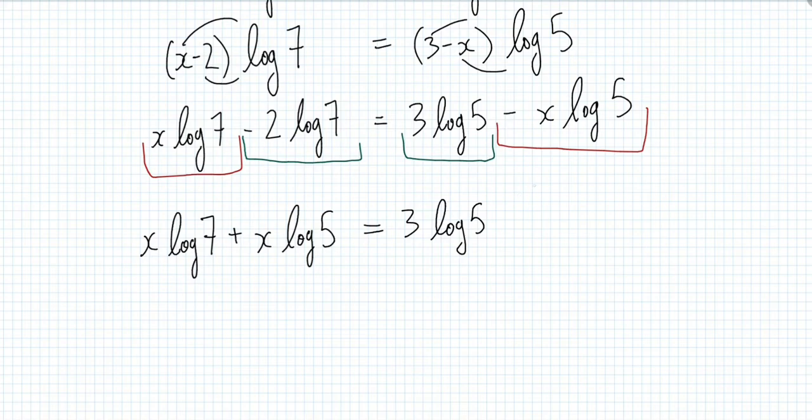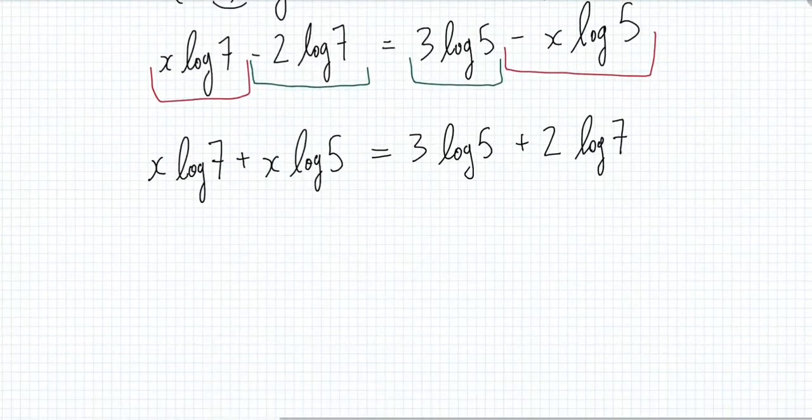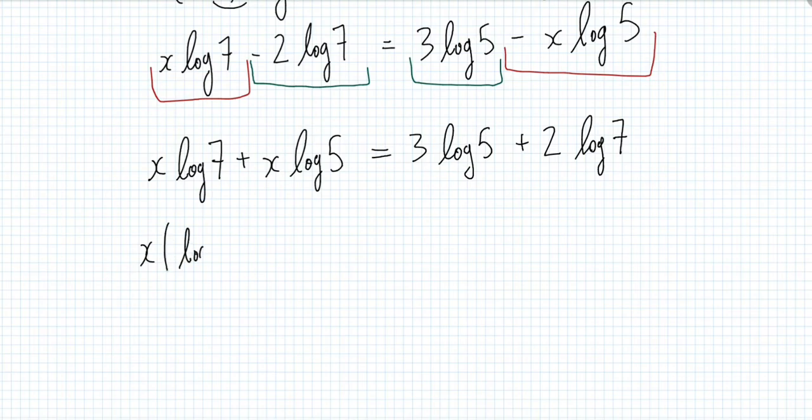Moving over the negative 2 log 7, we get positive 2 log 7. And now we can factor out the x on the left side. So that will give us x (log 7 plus log 5).